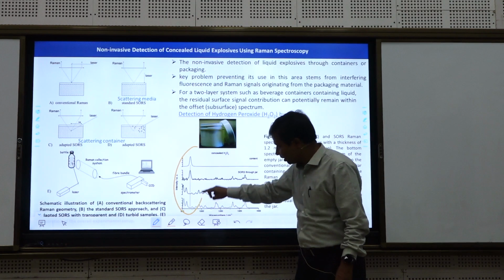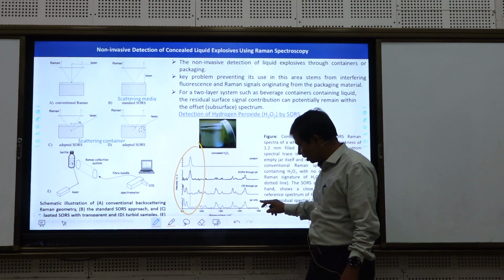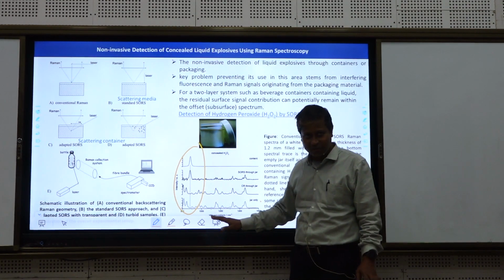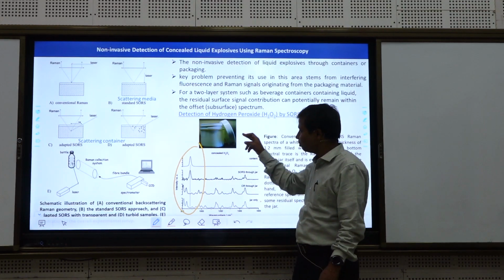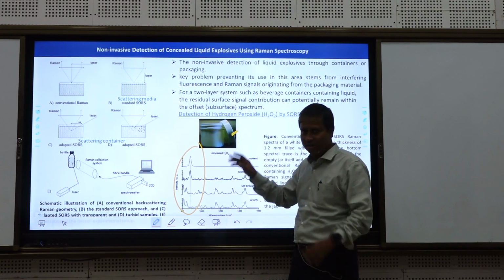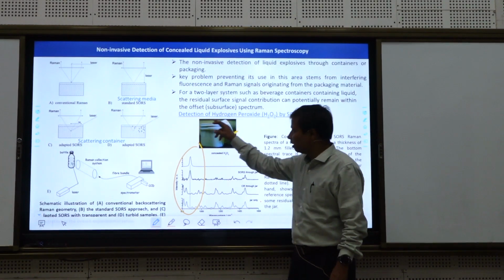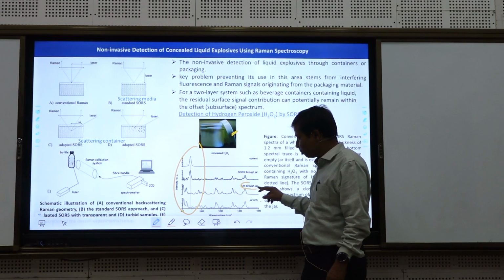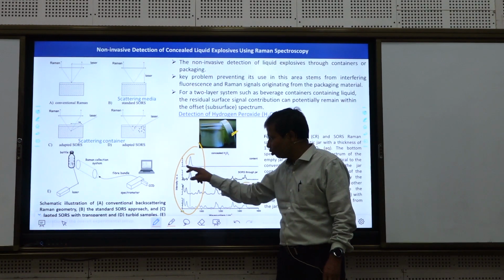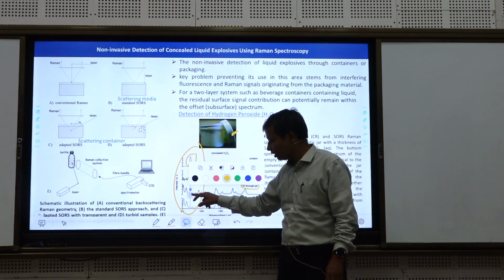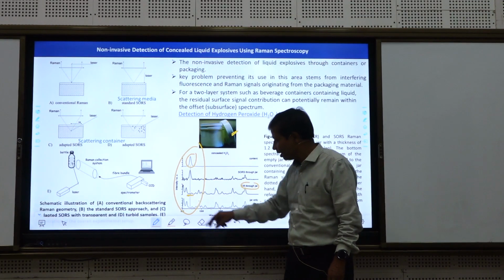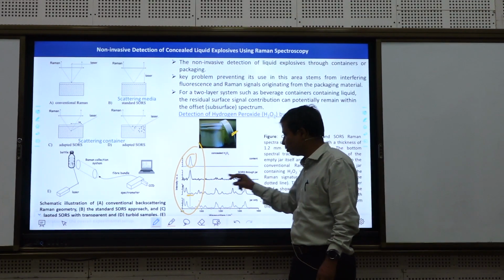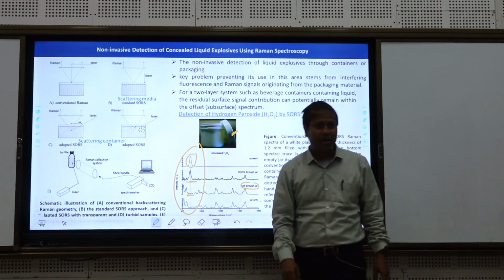So this is the interesting part. This is the jar spectrum. Obviously we don't expect any H2O2 in it; jar means only the material which is making this jar. But conventional Raman is not giving any H2O2 band here. You see, there is no band here, but the surface offset is giving you the band.